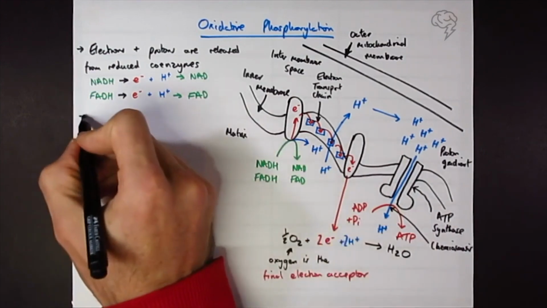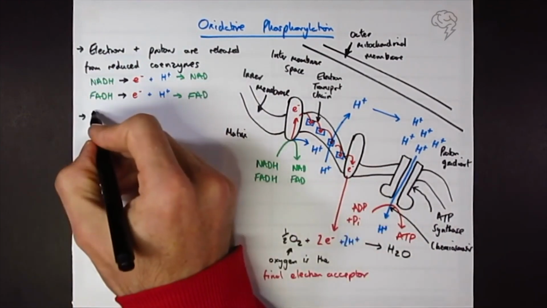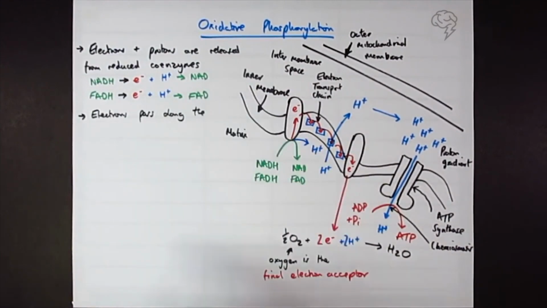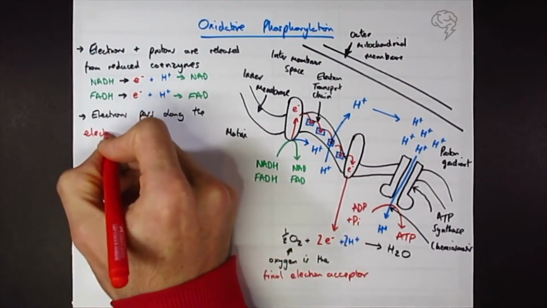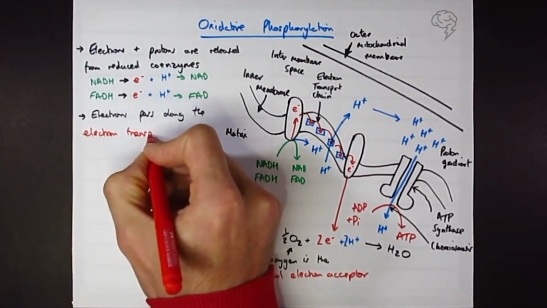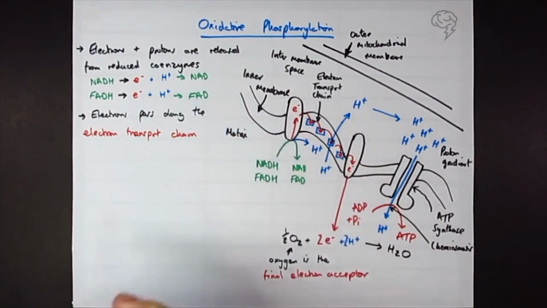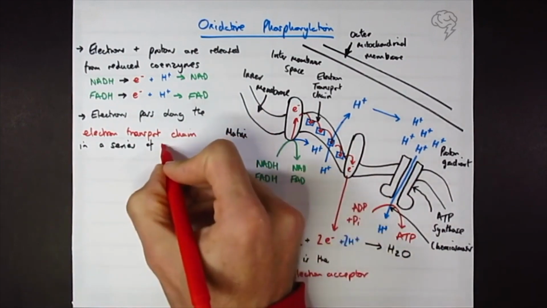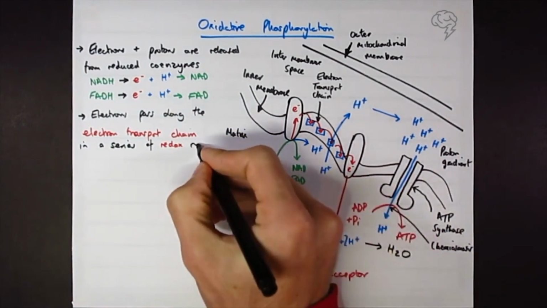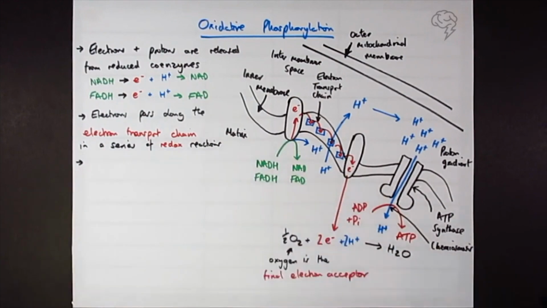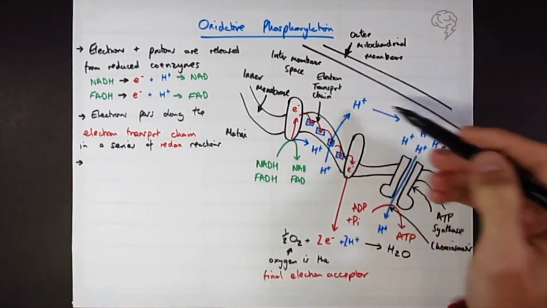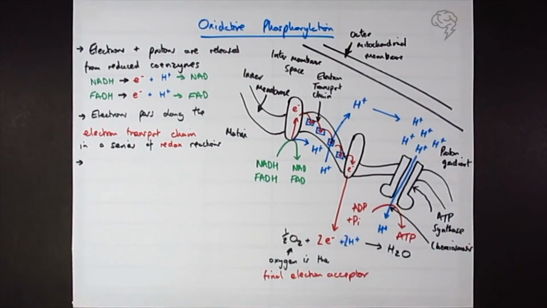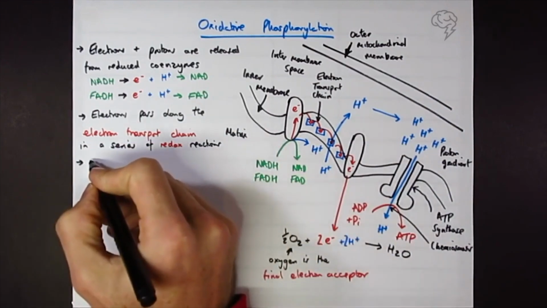We can say, next stage, that the electrons pass along the electron transport chain in a series of redox reactions. So this releases energy, which is used to pump protons into the intermembrane space. Or maybe we should just actually say that it is used to create a proton gradient.